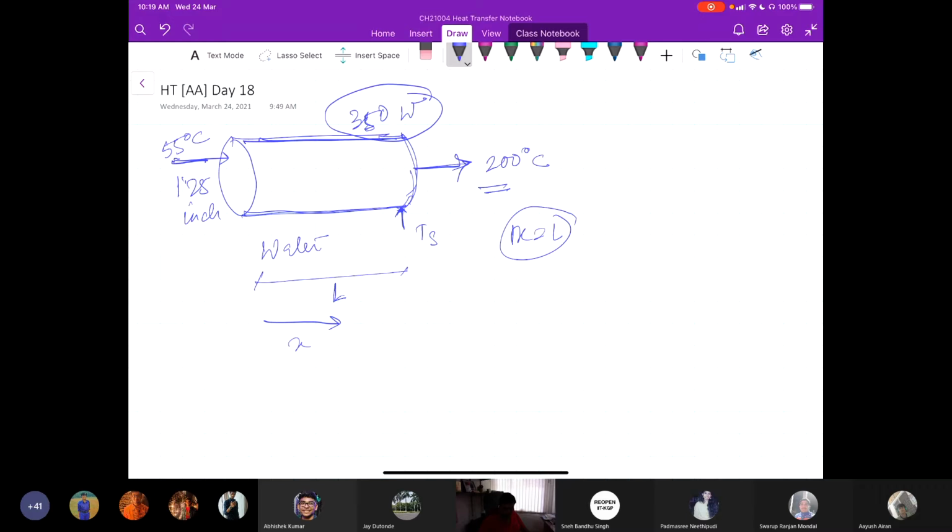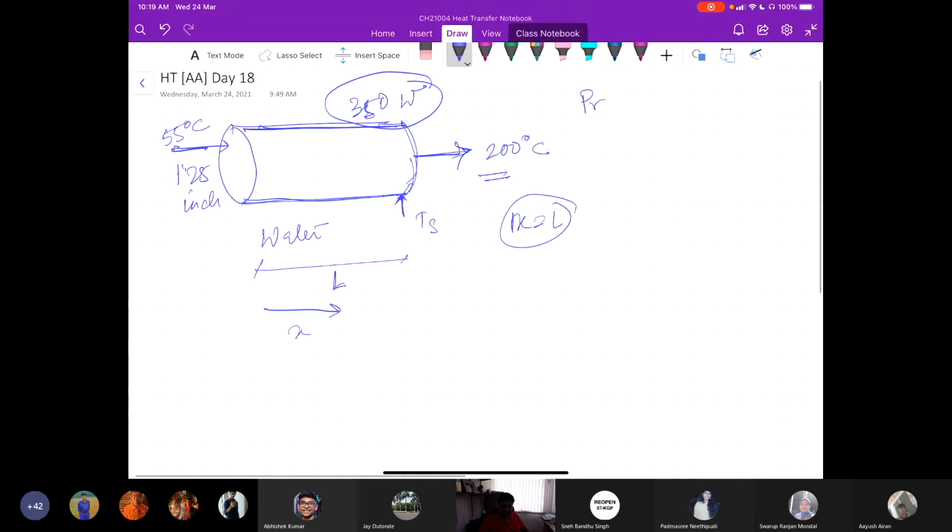So the film temperature would be 255 divided by 2. Assume these rough values from any steam table: the Prandtl number is 3.368, or 3.37, you can consider.